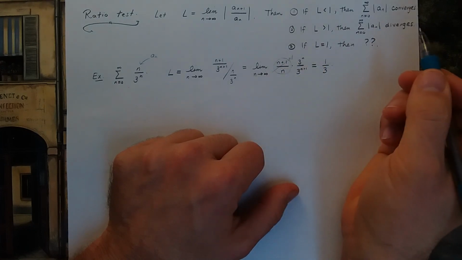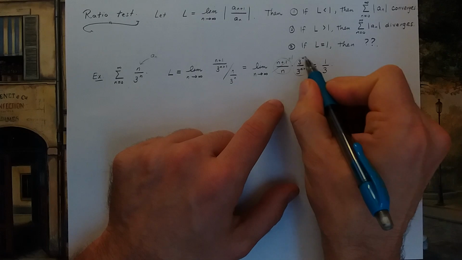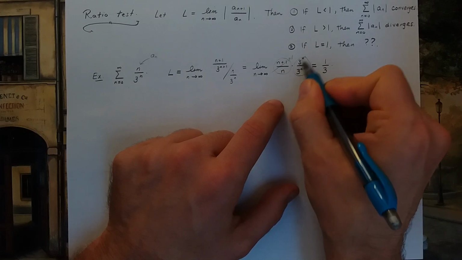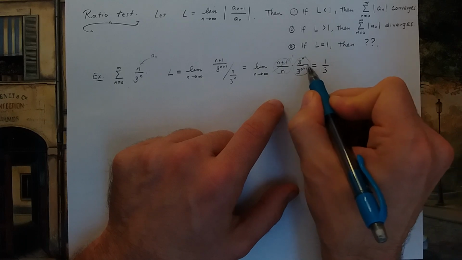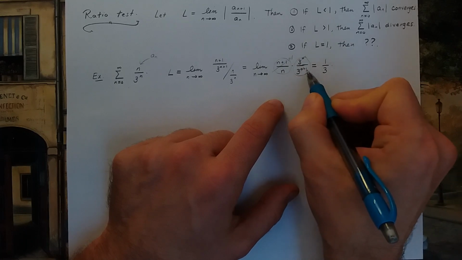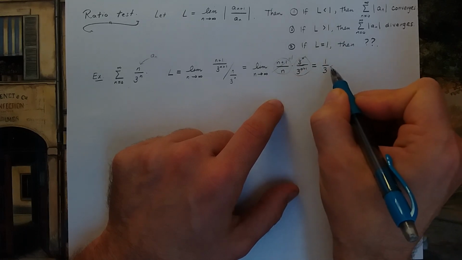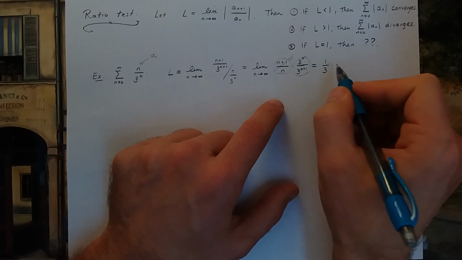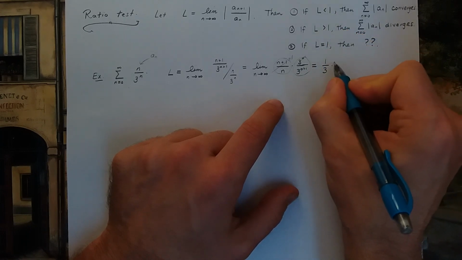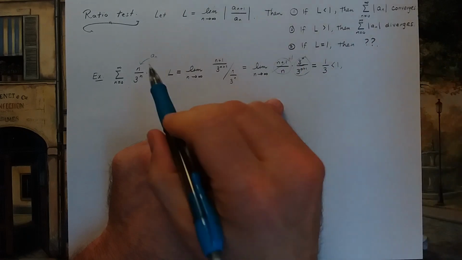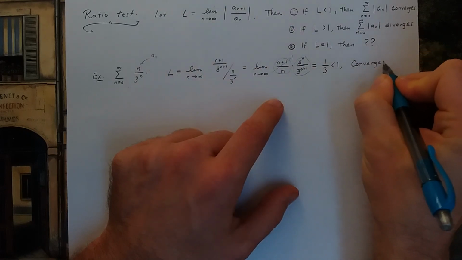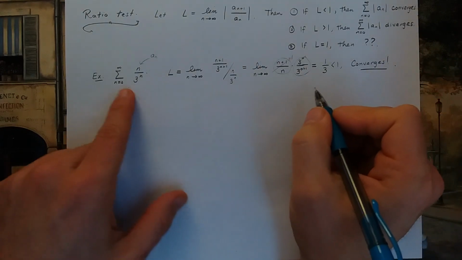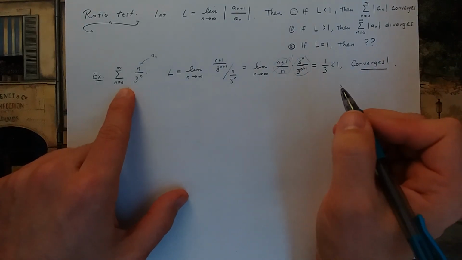So that goes to 1. And in this term, the 3 to the n cancels with the 3 to the n on the bottom, leaving me with 1 over 3 to the first. So the limit is 1/3. Now 1/3 is less than 1, so we have convergence. So this original sum converges.